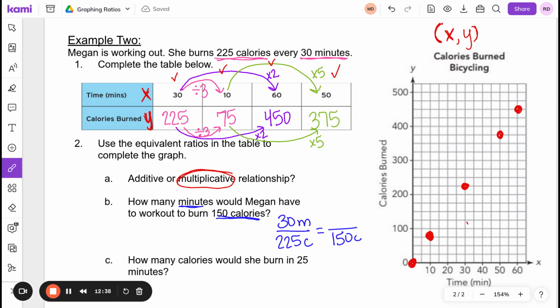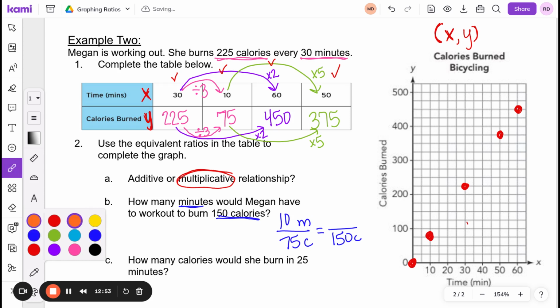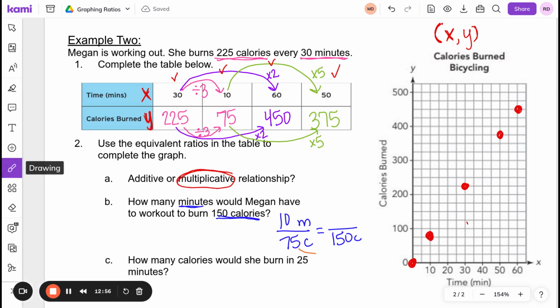So we need to look at the ratios in the table and find a different starting point. And I think a better starting point would be in 10 minutes, Megan can burn 75 calories. Because from here, I can turn 75 into 150 by multiplying by 2. And whatever I do to the bottom, I do to the top. So it would take her 20 minutes to burn 150 calories.